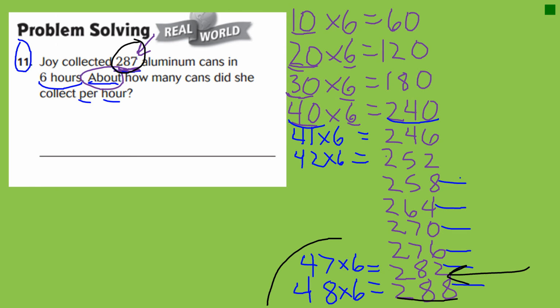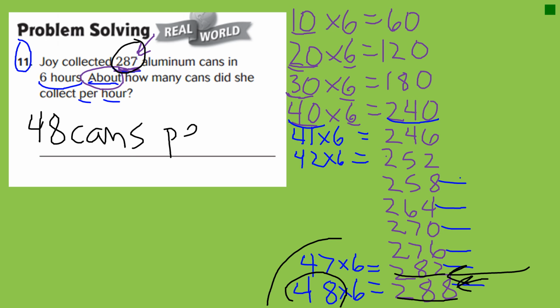Which of these is closer? Oh, definitely 288. That's only one away. So she collected about 48 cans per hour.